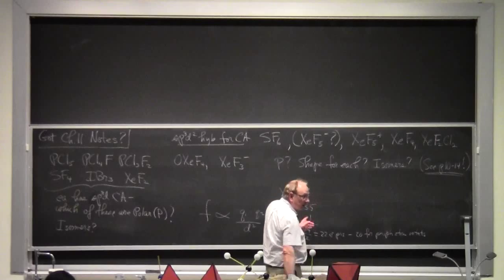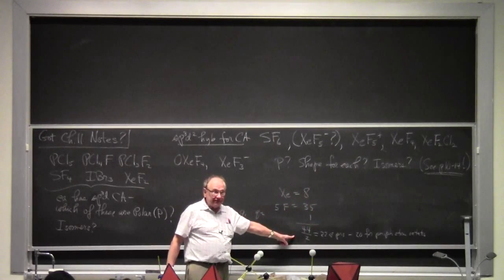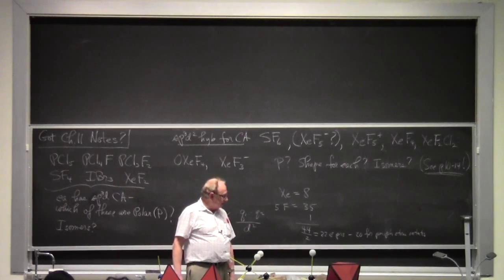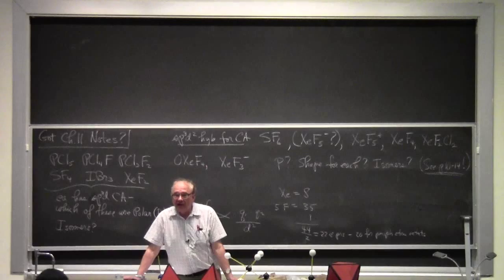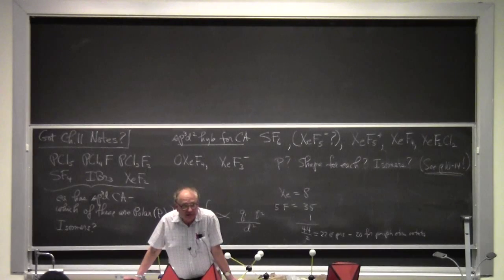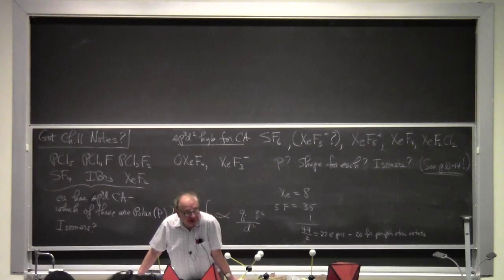Will we expect these peripheral atoms to be octets? Yes, because this has an even number of electrons. So that leaves me with how many electron pairs yet to be accounted for? 2.